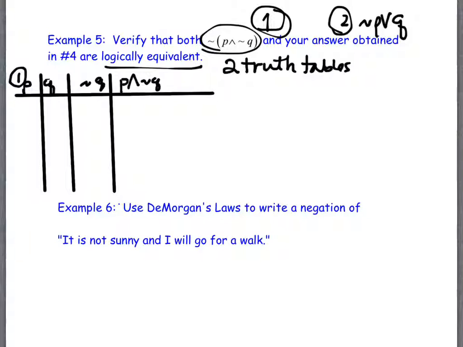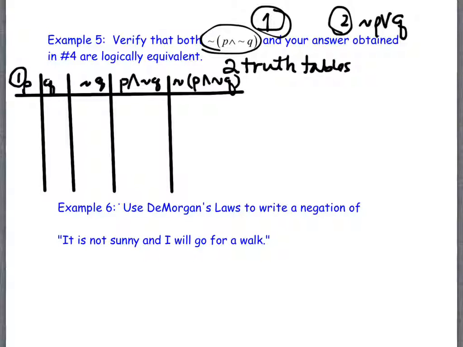But then what happens? You have to negate it, right? There's one more step. It's the negation on the outside. So we end up with another column that negates all of this. That it's the negation of P and tilde Q. All right, so walk me through.